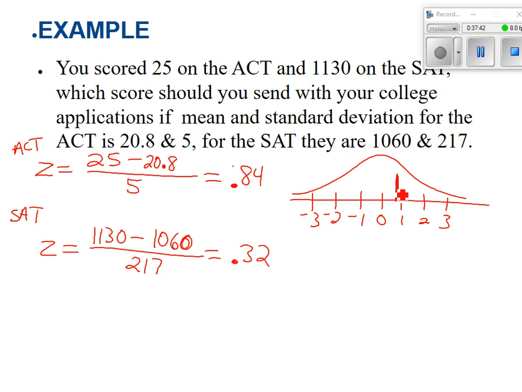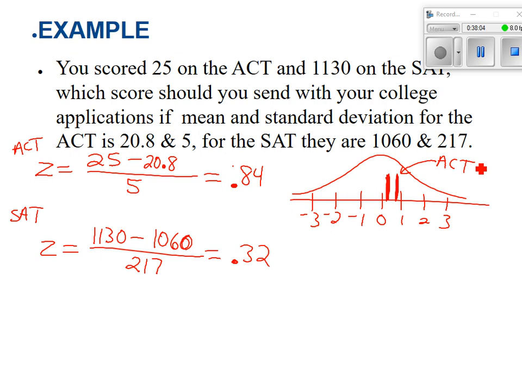Our SAT score falls about right here. So the ACT score is actually going to look a little better on your application than the SAT. The ACT is going to look better than the SAT.